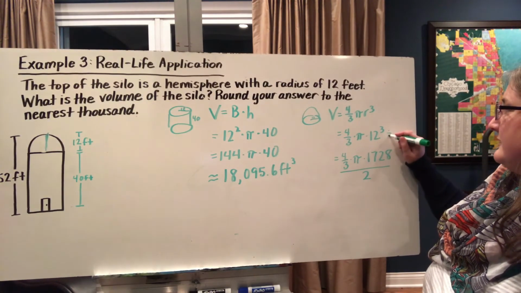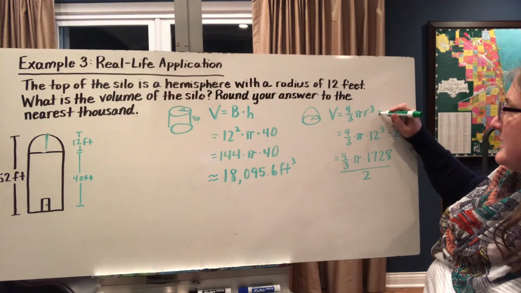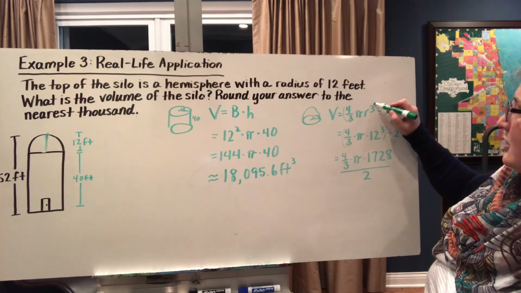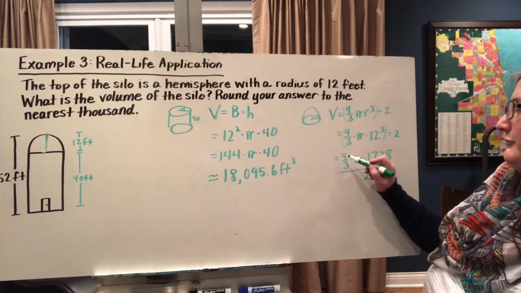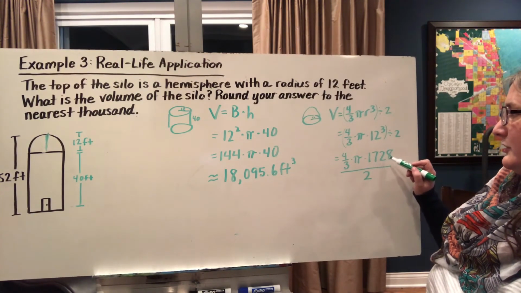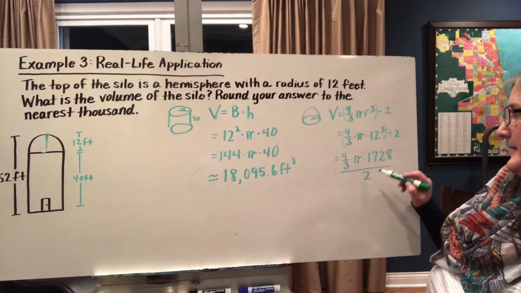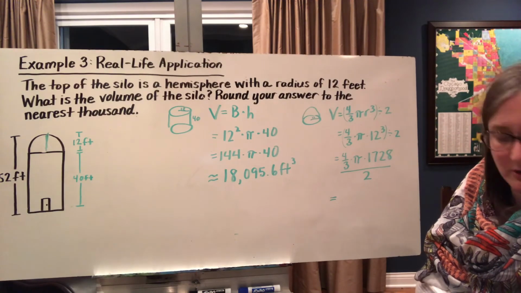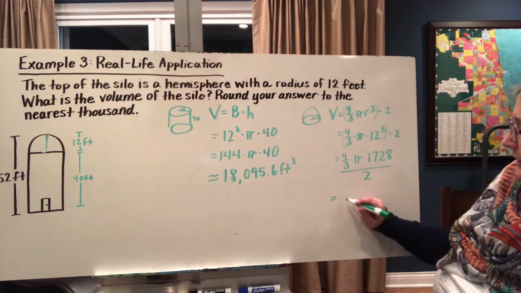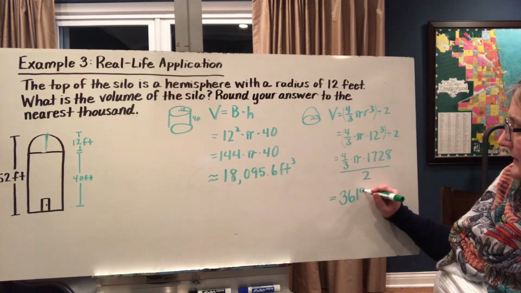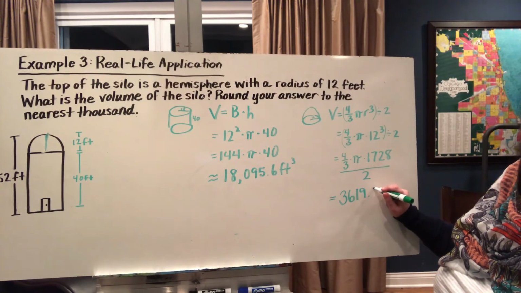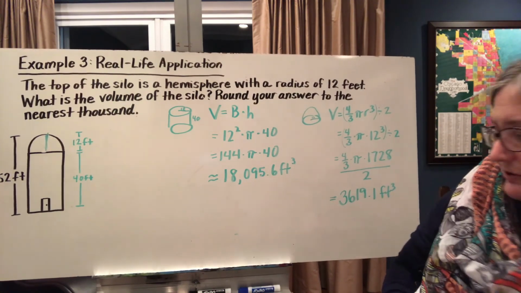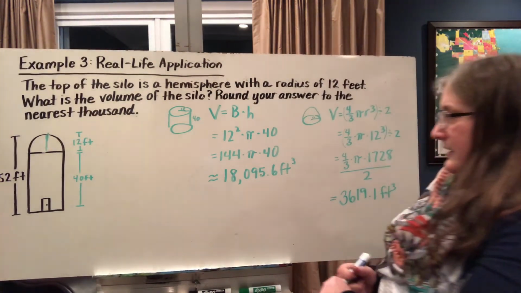And the reason that I want to divide by 2 at the end is because I'm not doing an actual whole sphere, I'm doing a hemisphere. So I'm going to do 4 times pi times 1,728 divided by 3 and then divide by 2. Or if I want, I can combine them and just divide by 6 total. And that's going to give me 3,619.1 feet cubed.